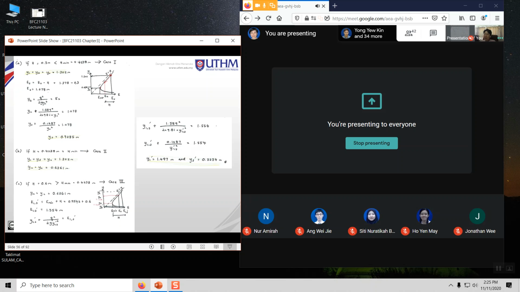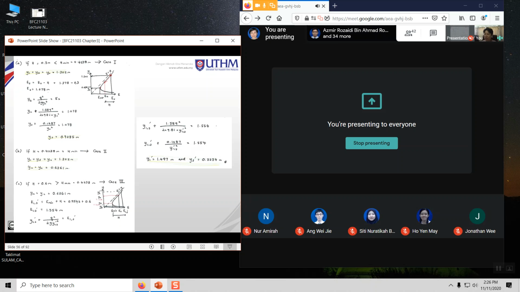If you have H, you add it to a value, and you are going to get a higher E. Even if you add E min, it's going to be higher than E naught. Therefore, you have a new specific energy which is greater than E naught.